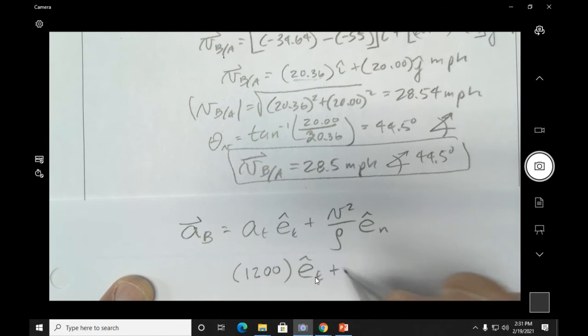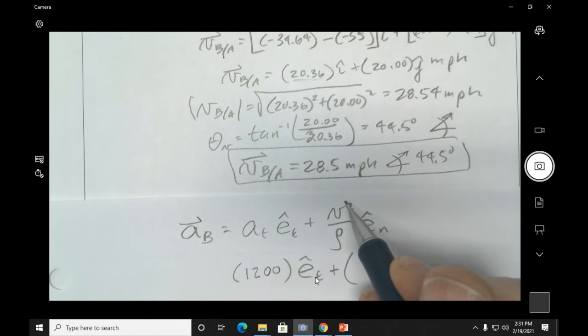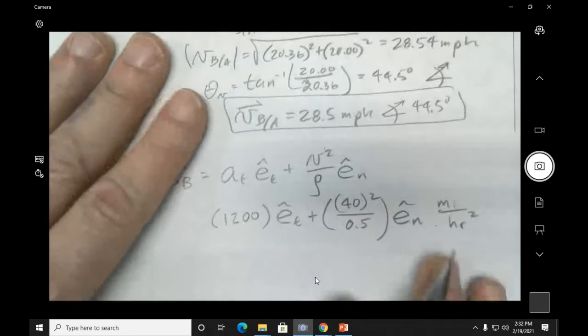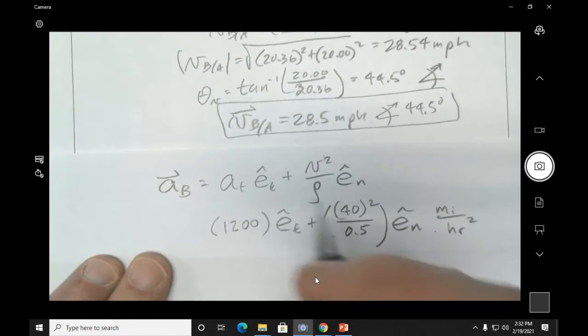And then here we know that the speed is, oh no, its speed is already, yeah, 40 squared, and the thing is at 0.5 miles long. And so this is miles per hour squared, which is a weird unit we don't usually use, but that doesn't hurt us at all.